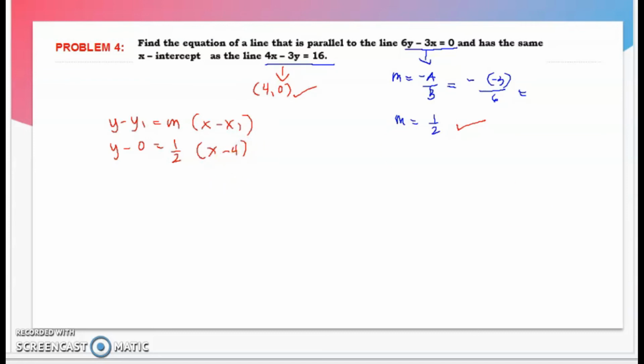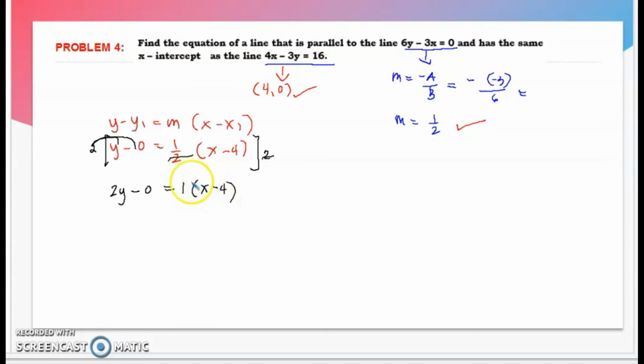So, multiply the whole equation by 2 to get rid of the fraction. And then, simplify. So, 2 times y is equal to 2y. 2 times 0 equals 0. 1/2 times 2, so cancel 2, which is equal to 1, multiplied by x minus 4.